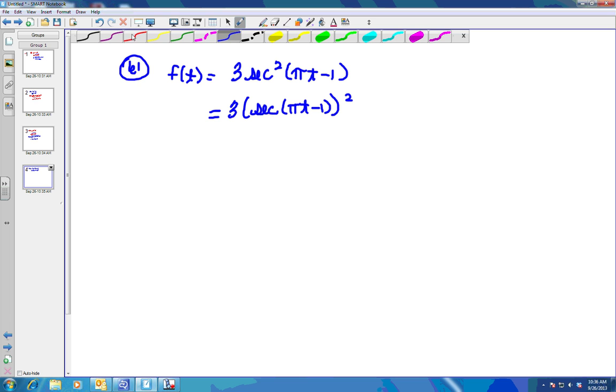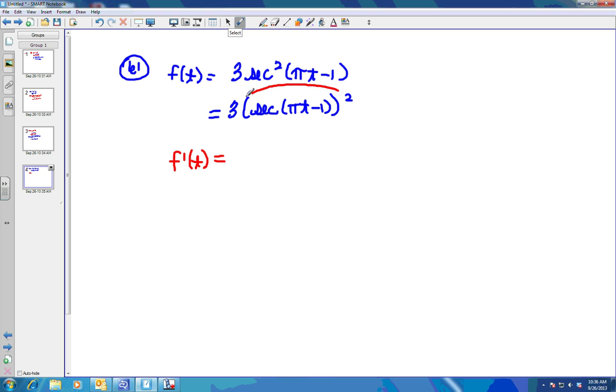So first thing we're going to do when we find the derivative, f prime of t equals, chain rule says bring down your exponent, 6, keep the inside, subtract 1 from your exponent, times the derivative of your inside. The derivative of secant is secant whatever, tangent whatever. And this is our whatever right here. Secant something, tangent something. So I'm going to write secant of pi t minus 1 tangent pi t minus 1 times the derivative of this inside.